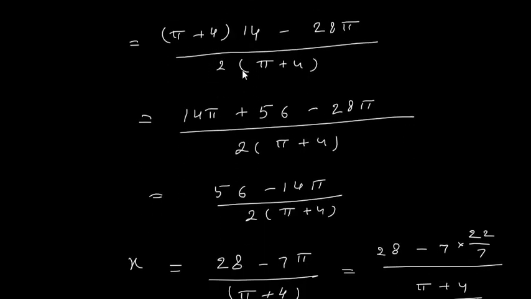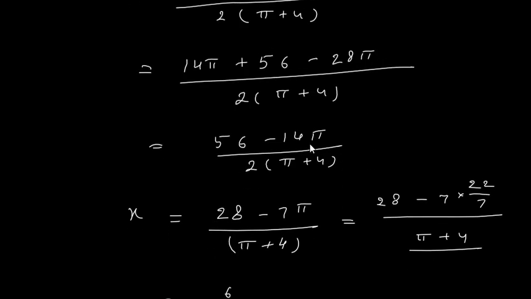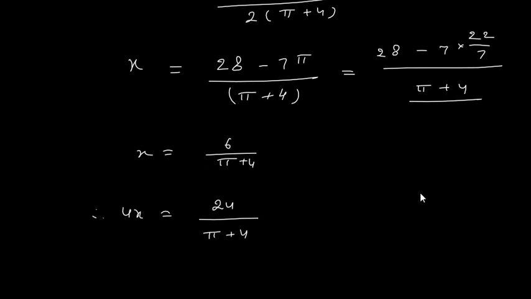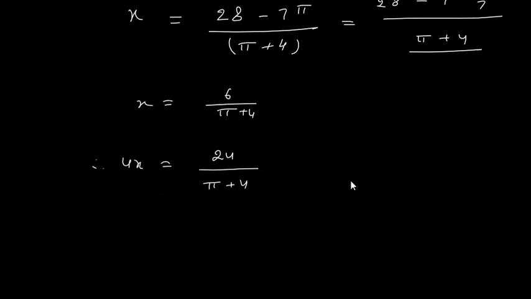So this is 14 pi plus 56 minus 28. So this is 56 minus 14 pi, 56 minus 14 pi whole divided by 2 into pi plus 4. This is 28 minus 7 pi upon pi plus 4. So the value of pi we can put, and we get 6 upon pi plus 4 as the value of x. So value of 4x is 24 upon pi plus 4.